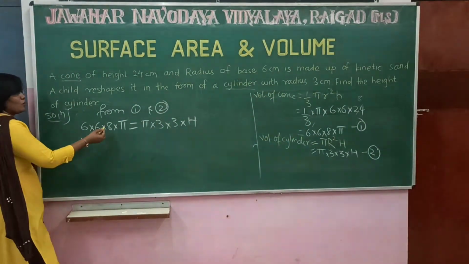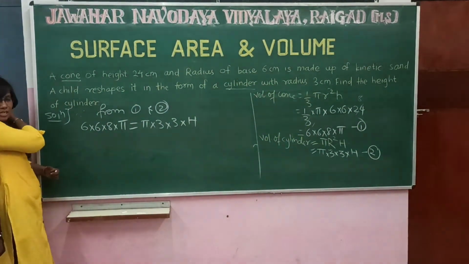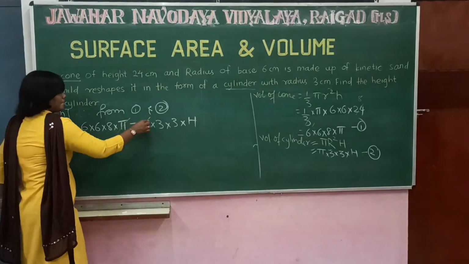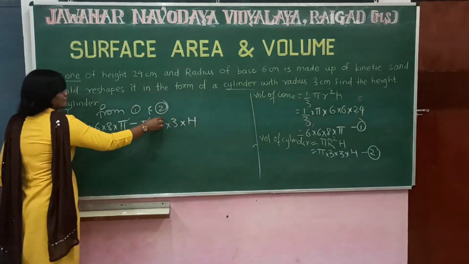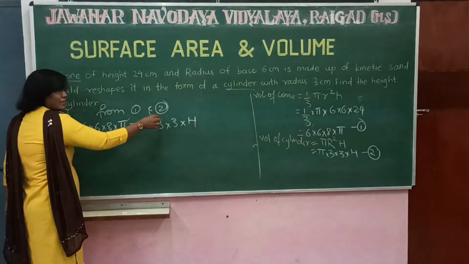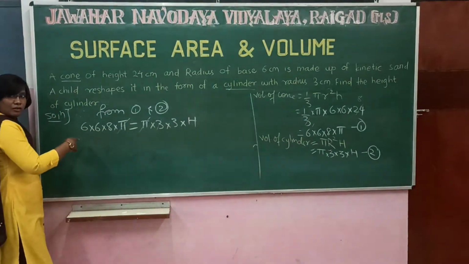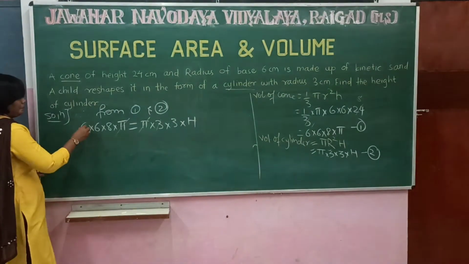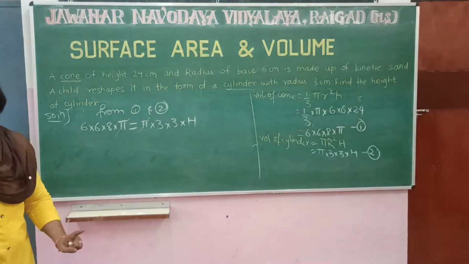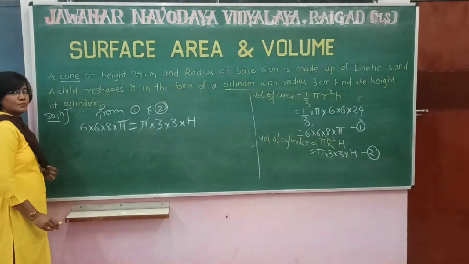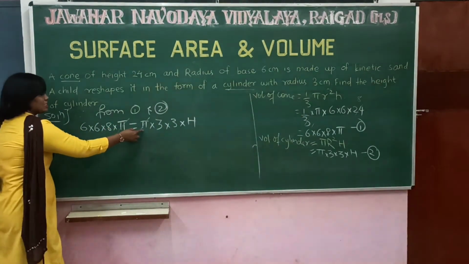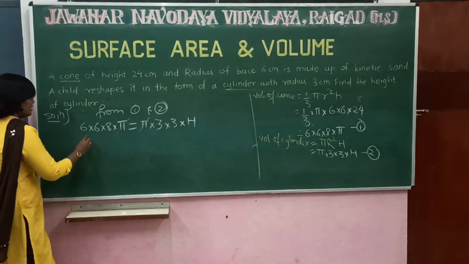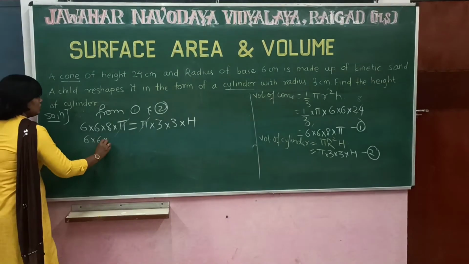As you can cancel out equal things from both sides, here we can cancel out the pi. Can we cancel out 3 ones and 3 twos here? Yes, ma'am. Are you clear with that? Pi and pi are cancelled. So here I can write 6 into 6 into 8.